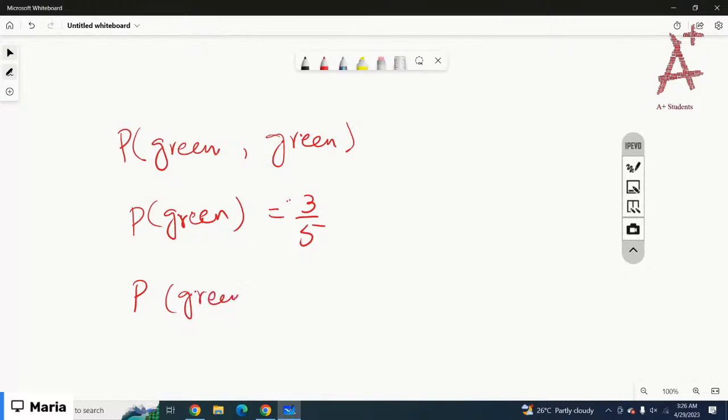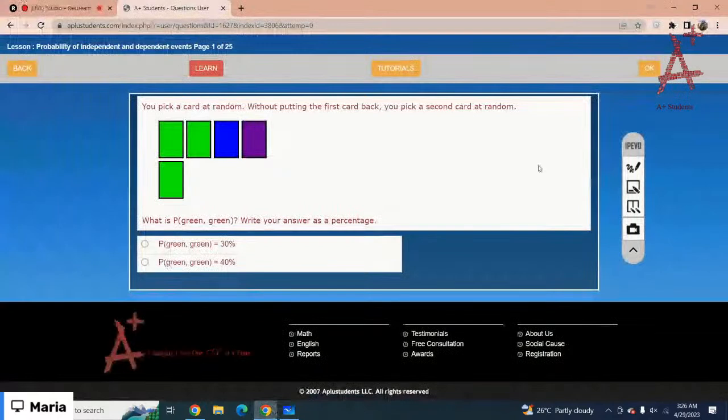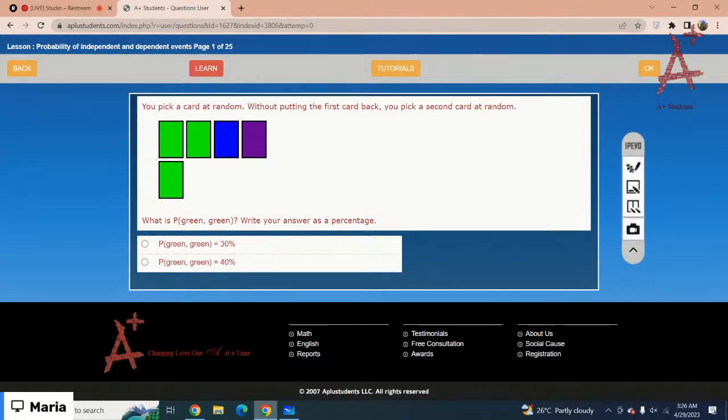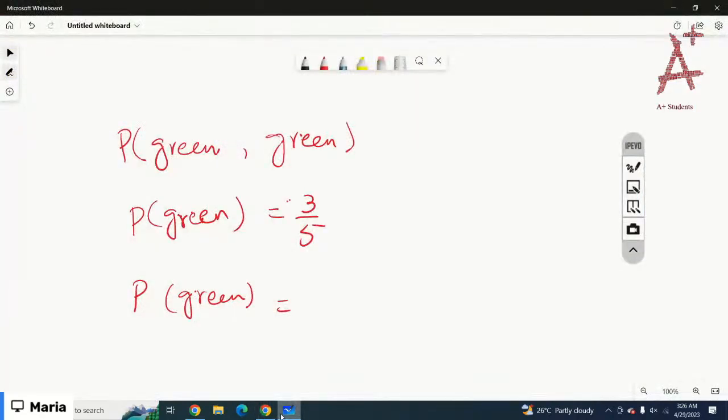Now you have one less card because you already selected one card. You now have one, two, three, four cards. You picked the green card, so you have just 4 cards left now. That's how they are dependent events, because for the second event, the outcomes are fewer.